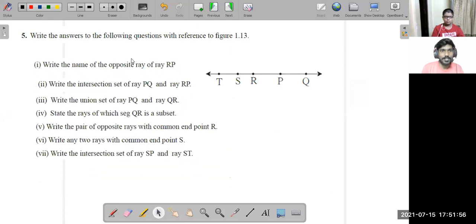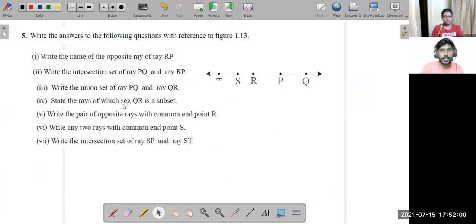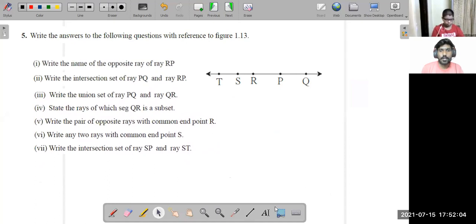Okay, first one. Write the answers to the following questions. This is a segment given to you, TQ, and there are some points on it. So the first one is write the name of the opposite ray, RP. This is RP, which is a ray exactly opposite to RP.